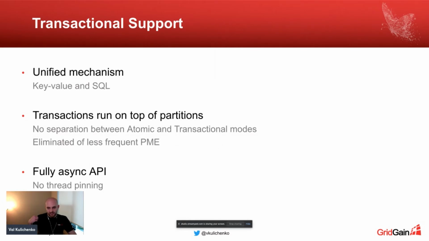With Ignite 3, you will just create a table, and whenever you execute a transaction, if this transaction is collocated, meaning that all the operations go into the same partition, then we will just use raft to replicate because everything is within the same raft group.